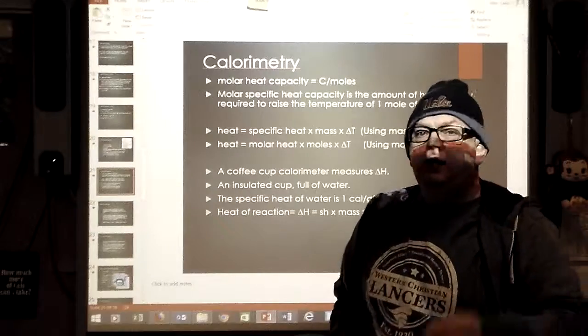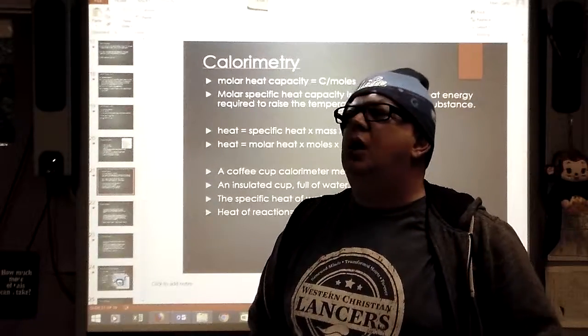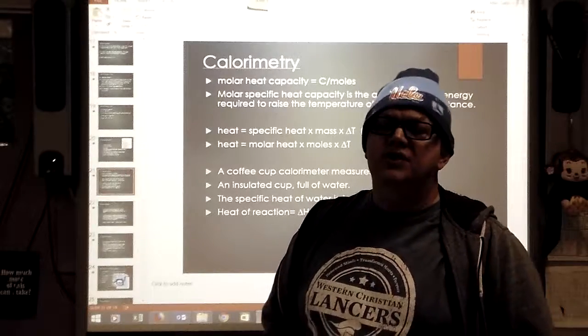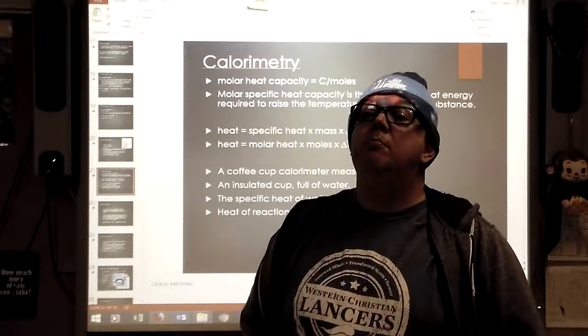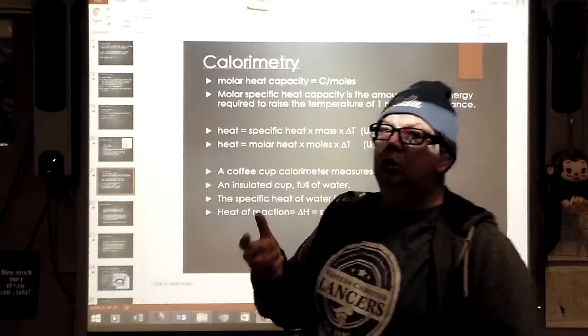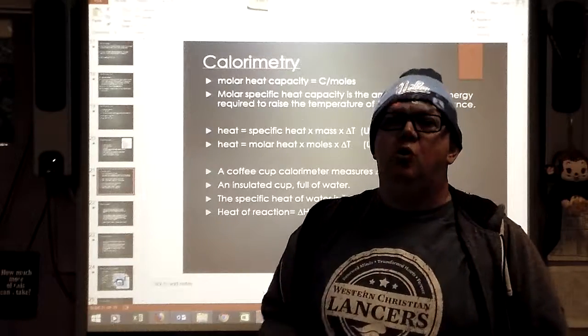Now you'd say, but wait a minute, I could have sworn I heard you say something about raising the temperature of 1 gram of a substance. That's true too. It depends on how much you're measuring. Are you looking at the molar heat capacity, or are you just looking at the heat capacity per gram?